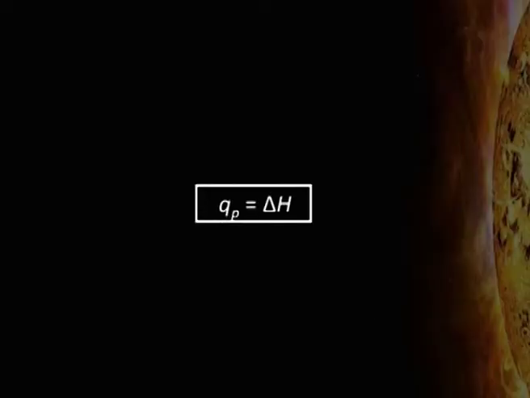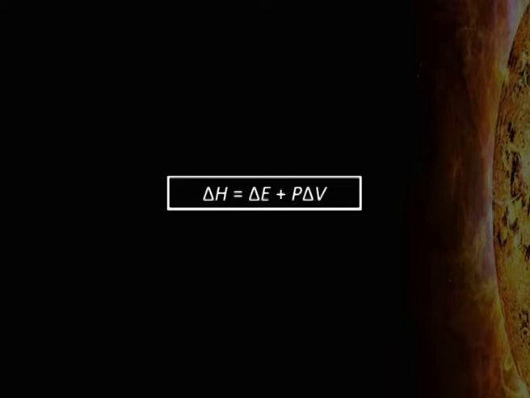When any fuel is burnt in constant pressure conditions, then the heat exchanged is different from the equation QP equal to delta H. Here, the equation which is to be used is delta H equal to delta E plus P delta V.